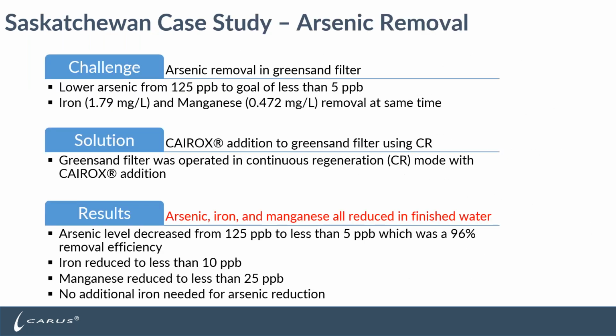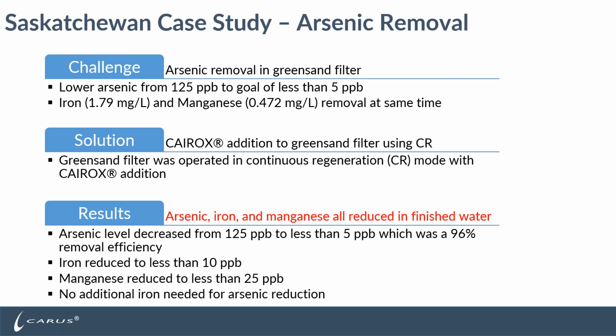So the challenge for this site in Saskatchewan was to lower arsenic from 125 parts per billion to a goal of less than 5 parts per billion. The solution was to operate the green sand filter in continuous regeneration mode, whilst adding our Carox potassium permanganate, which is the solid form of our permanganate products.